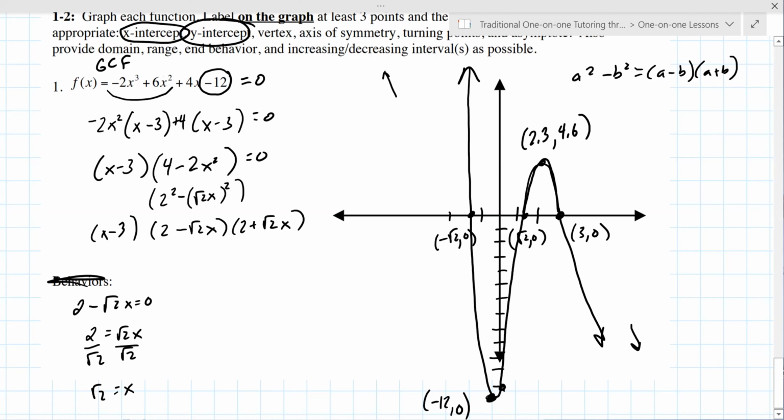So it looks like it's just a little bit left of the origin or of that line there.